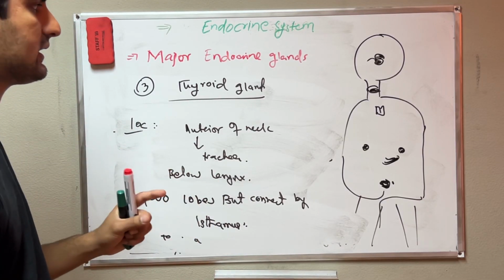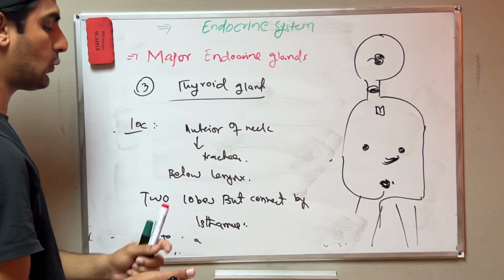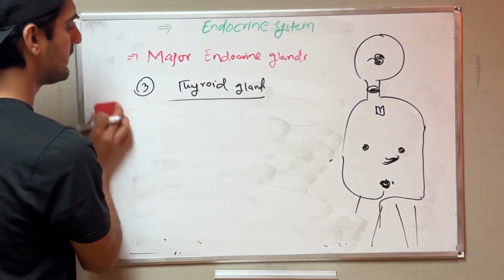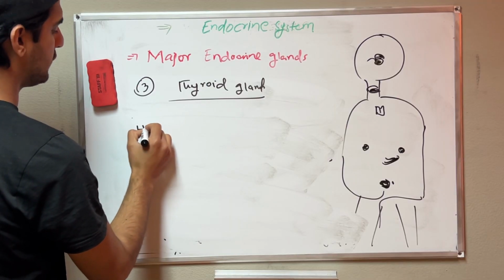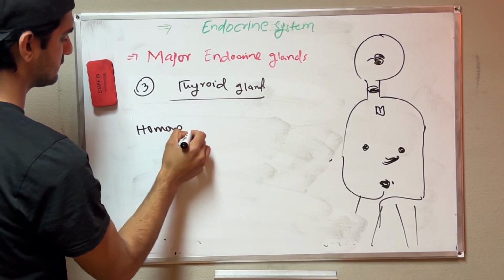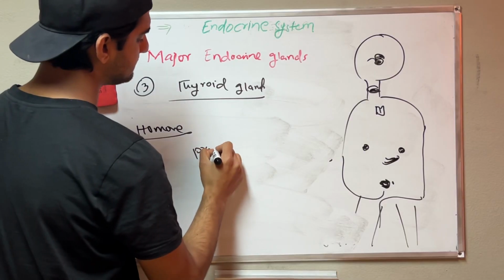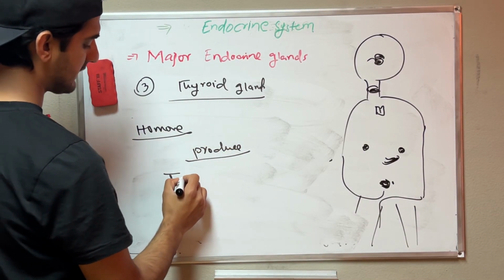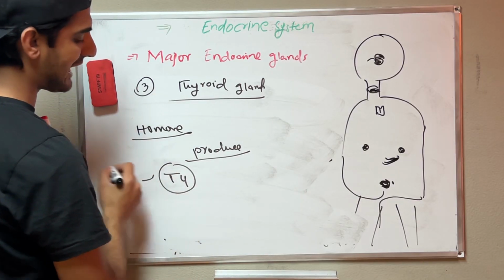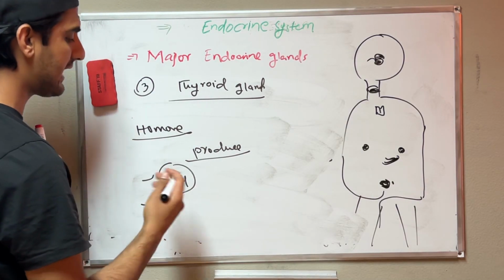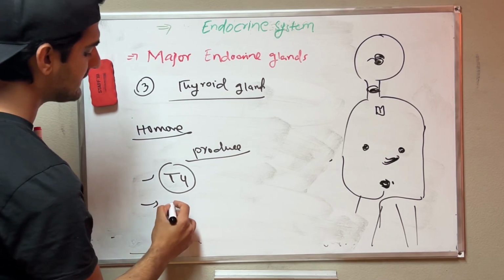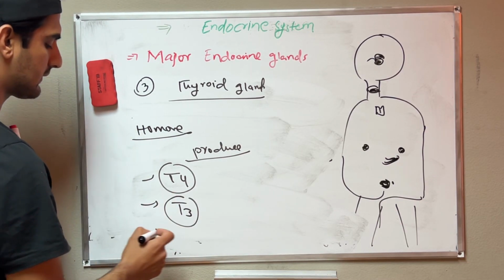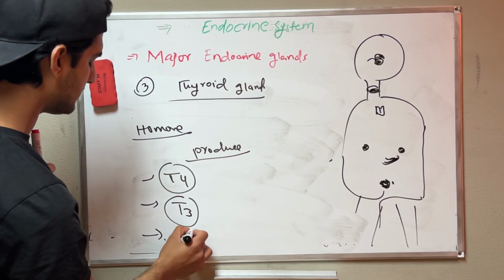We talked about the location of the thyroid gland, but the hormones it releases are very interesting. It produces thyroxine, T4, and then triiodothyronine, T3, and then we have calcitonin.